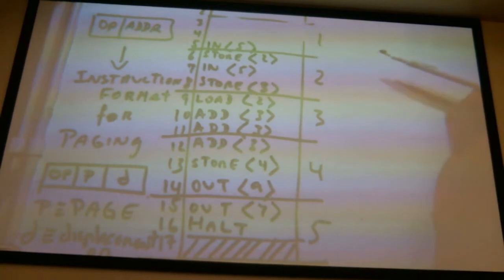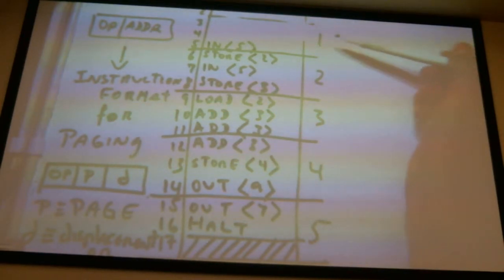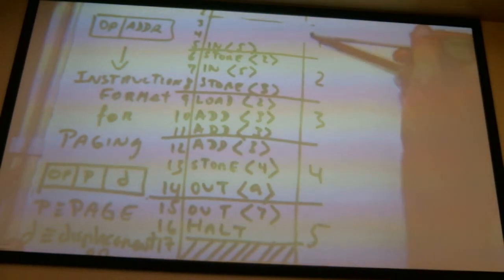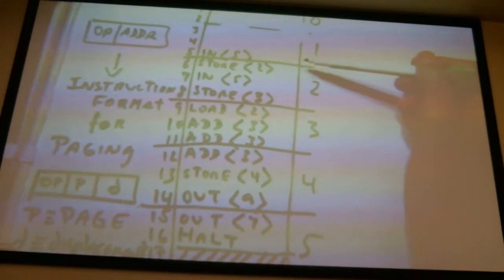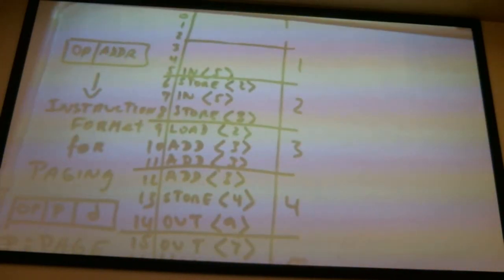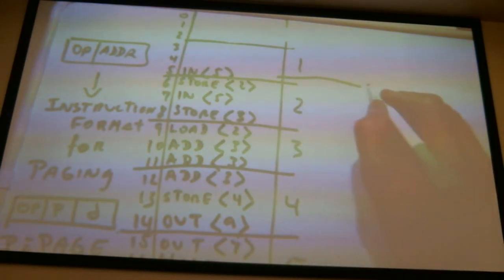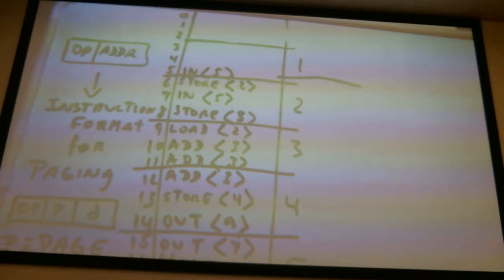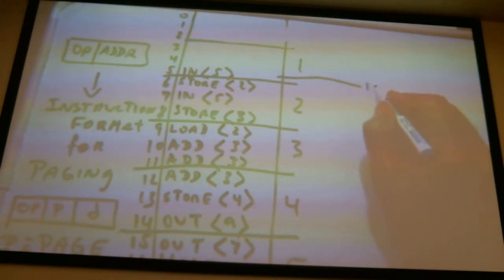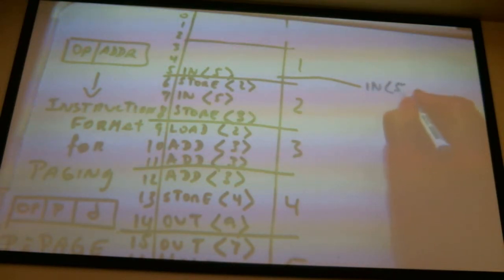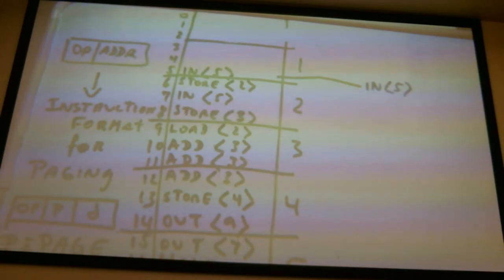And first we identify the page, and inside the page, the displacement, the offset. Okay, so let's do the translation. With input-output instruction, there is no problem. Here we have, for this one, the translation would be in 5. There is not any difference on it, okay?